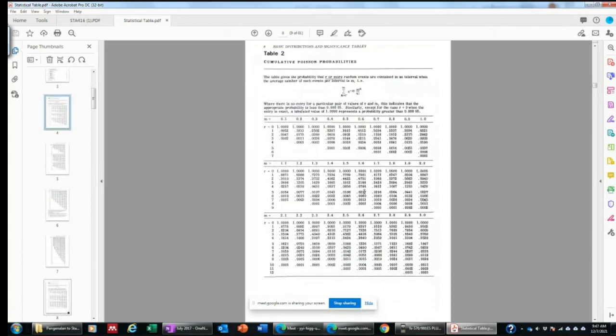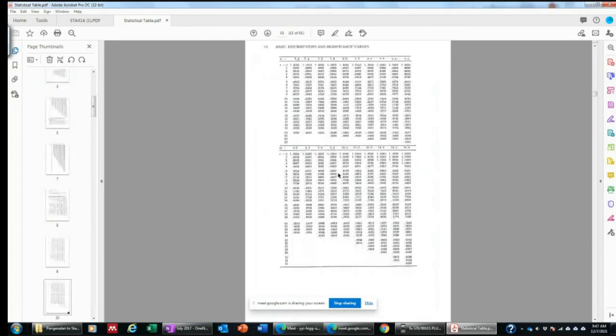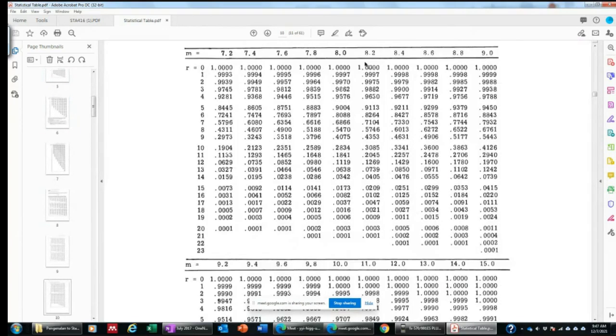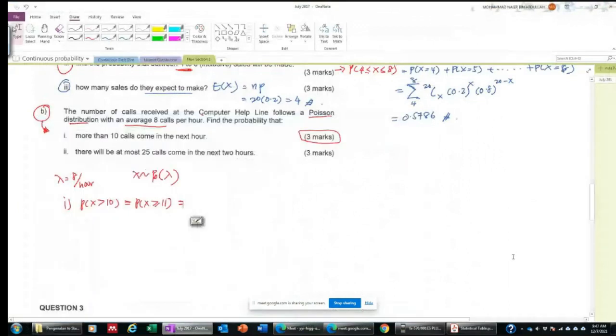Right, so lambda is equal to 8. So here, 8. Lambda is equal to 8, more than 11. So it should be 0.1841. So 0.1841. I don't really expect this simple solution, because this is 3 marks.